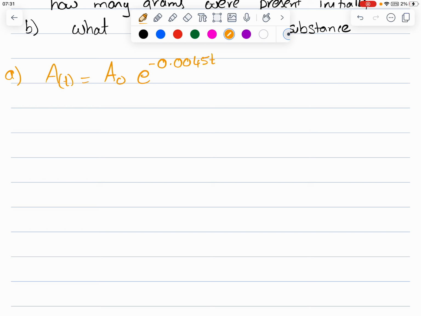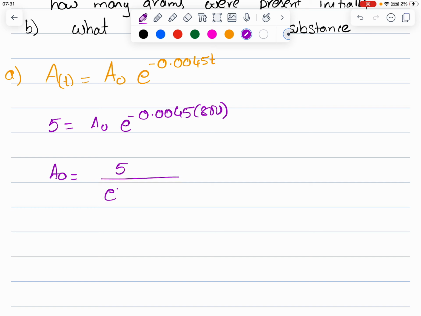So 5 equals A naught, which we don't know, times e power minus 0.0045 t. t is how much? 800 years. So from here, A naught equals 5 divided by e power minus 0.0045 times 800. You can use the calculator and get approximately 183 grams. So initially I'm starting with 183 grams.